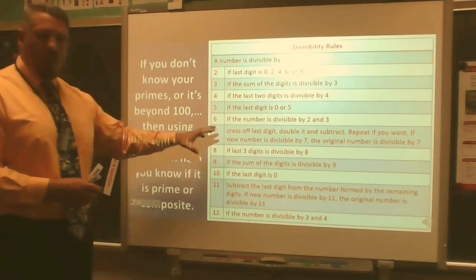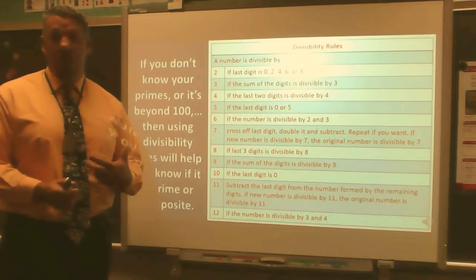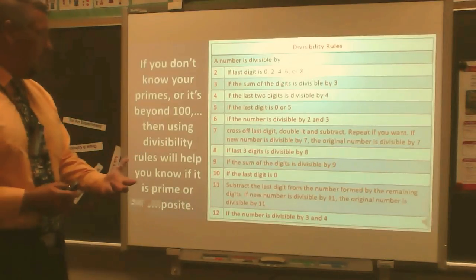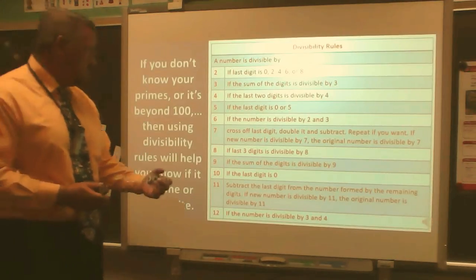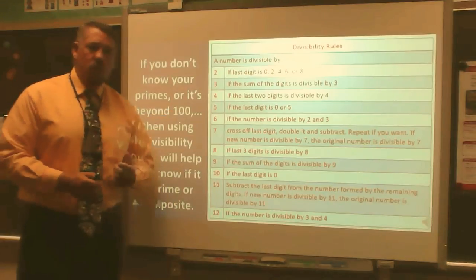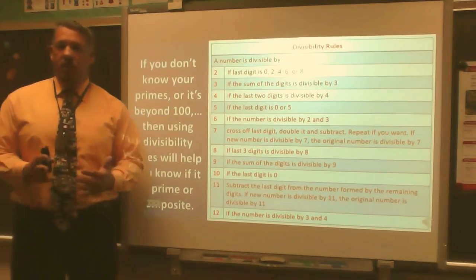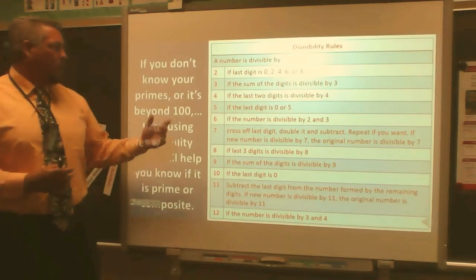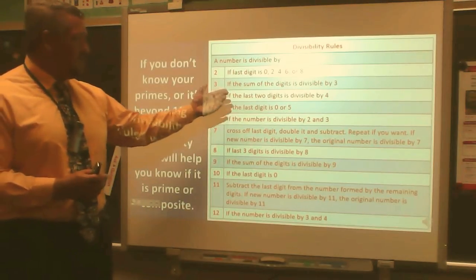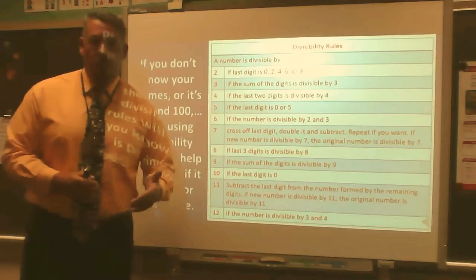The others, some of these we don't use on a regular basis, but you'll start using them in junior high and even your freshman math class. But the rule of 3s is one that I will reference quite often, and the 9s are very similar to one another. The divisibility rule says if the sum of the digits is divisible by 3.